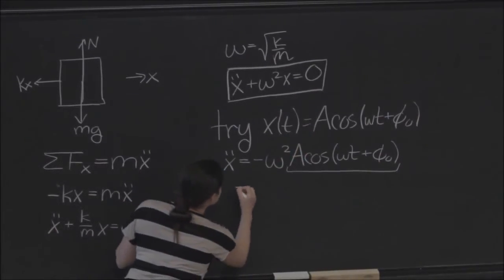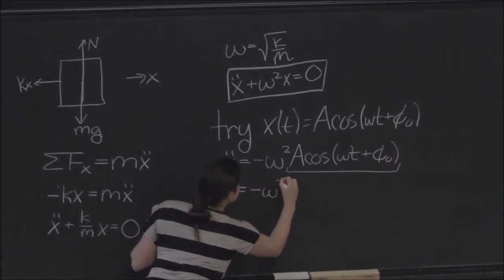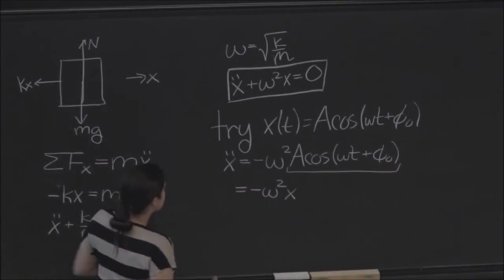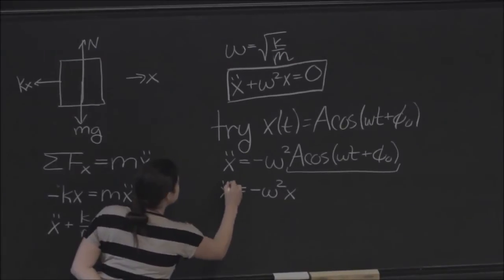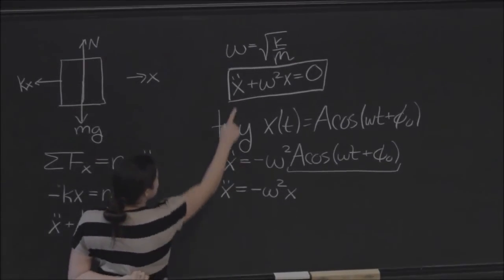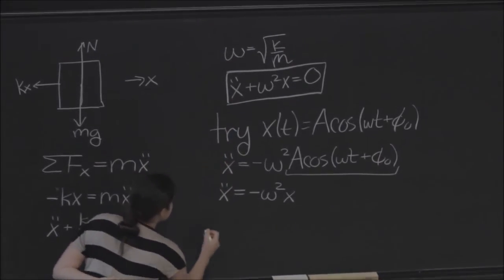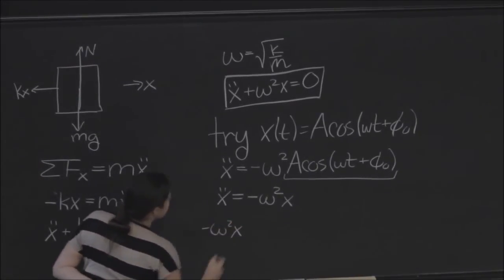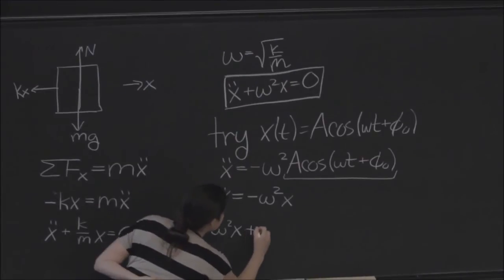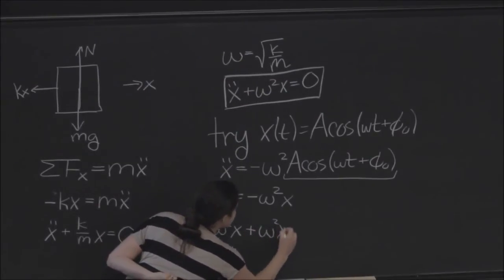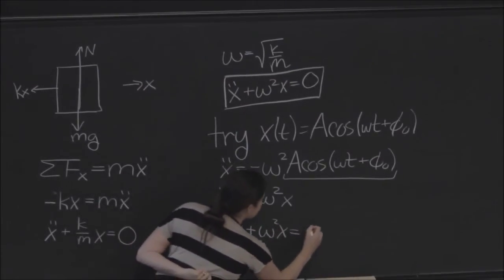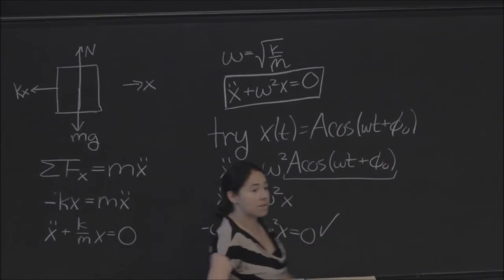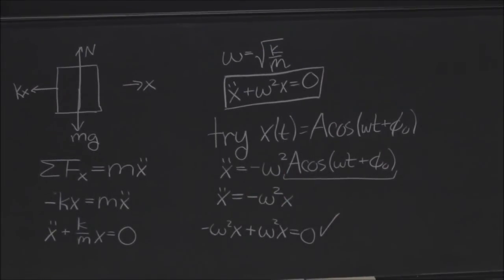So I can write this much easier as minus omega squared x. So that's what x double dot equals if this works. If we plug it in here, I'm going to get negative omega squared x for that one, plus omega squared x, and that equals 0. So it works, so that's our solution.